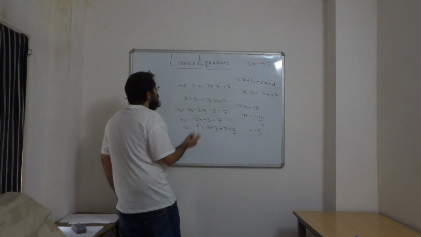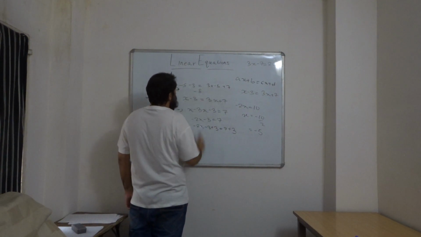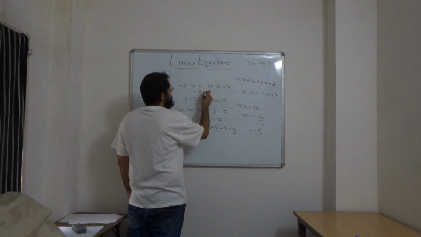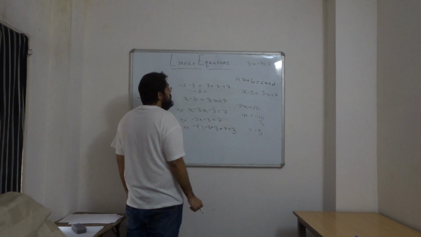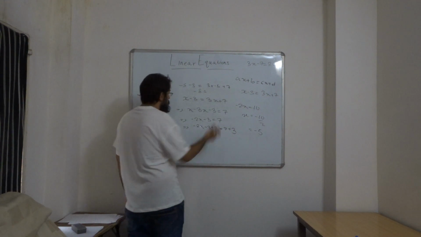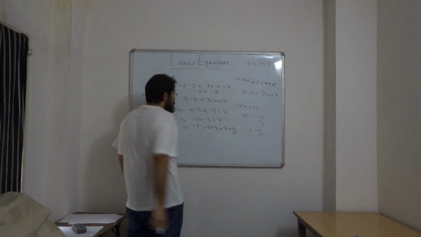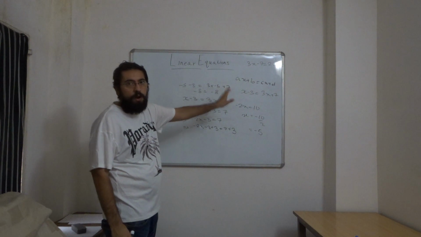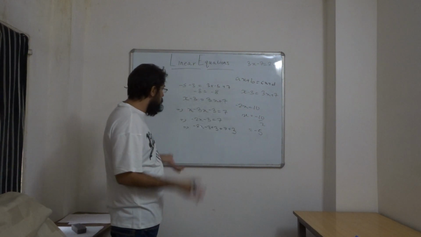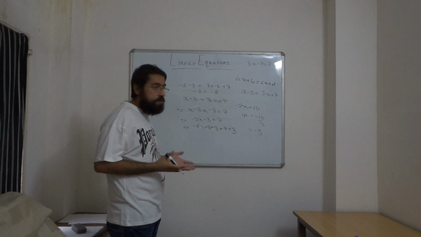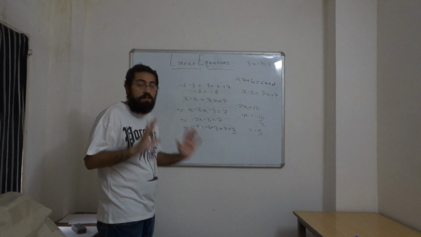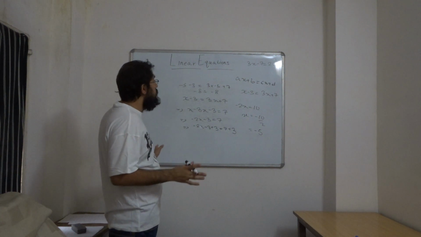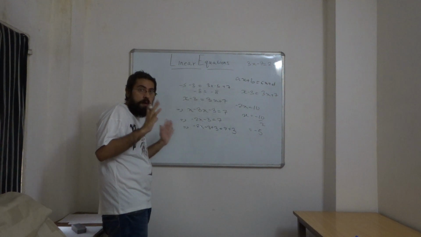Atrocious. Okay, so negative 8, that's better. Negative 15 plus 7, again, negative 8. So what is this, guys? This is LHS equals RHS. Both sides of the equation are balanced. Both sides of the equation have the same value. And that's what linear equations are all about.